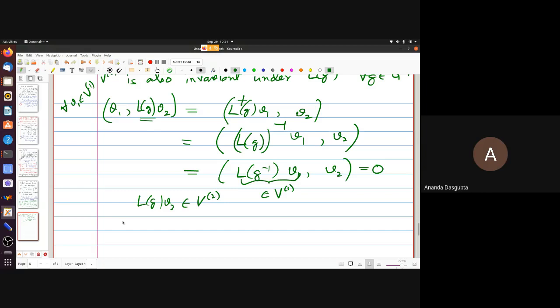So what we have managed to prove is not only V1 was already known to be invariant under LG, V2 is also invariant under LG for all G belonging to capital G.